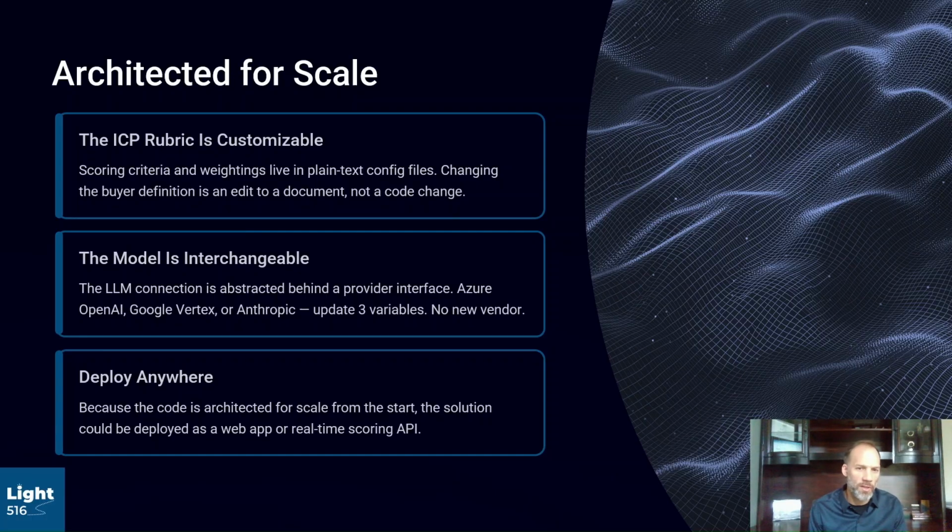And it's just a Node.js application, and I built it that way in case I want to deploy it to a function or something like that and run this in the cloud, maybe as a site people can go to and upload their file and get back scores, or maybe even as a service that accepts contacts in real time and integrates with your CRM or other tracking system.